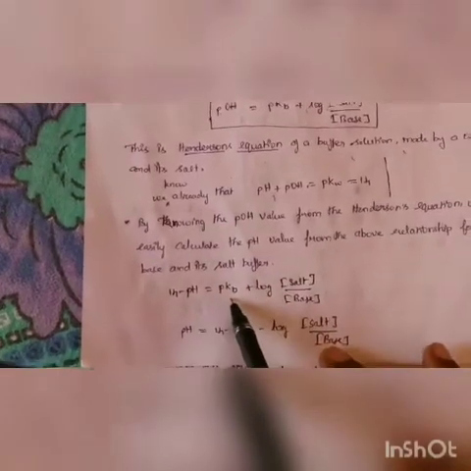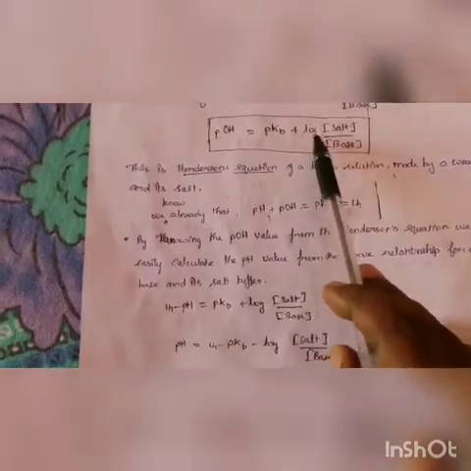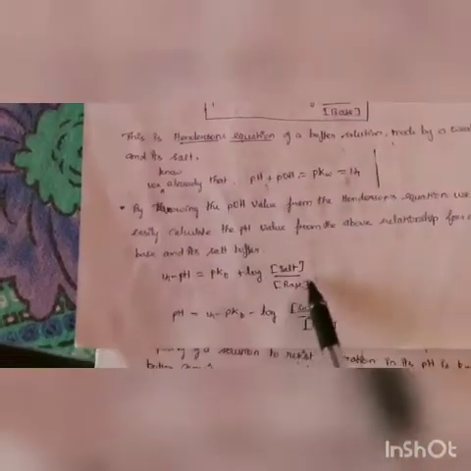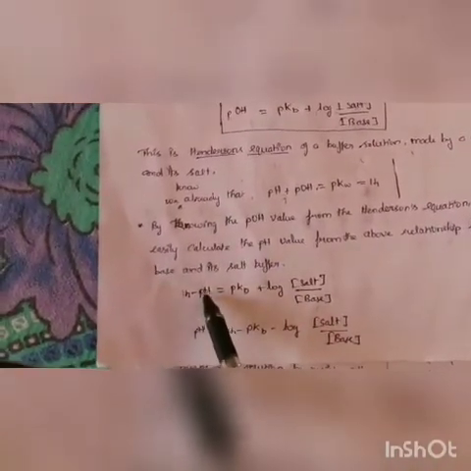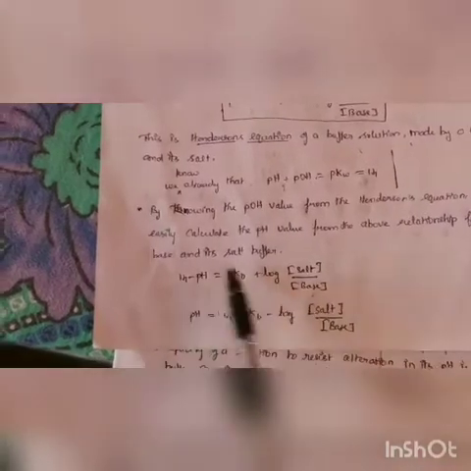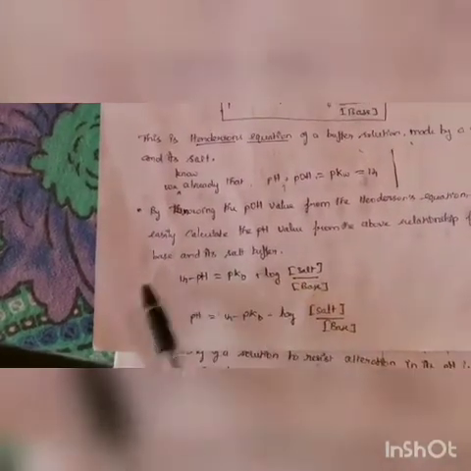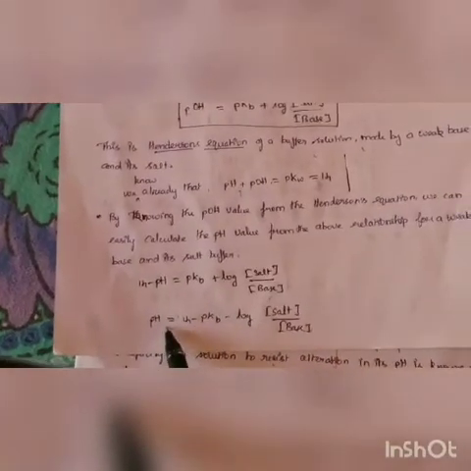So 14 minus pH is equal to pKb plus log of concentration of salt by base. So pH is equal to 14 minus pKb, and the log term comes to this side as minus log of concentration of salt by concentration of base. By this we can easily calculate the pH of the given buffer mixture. Okay, thank you.